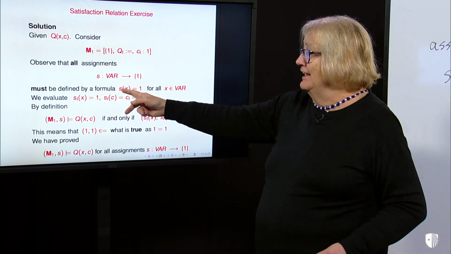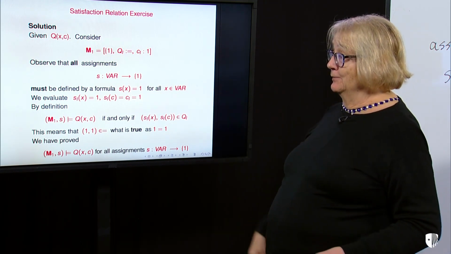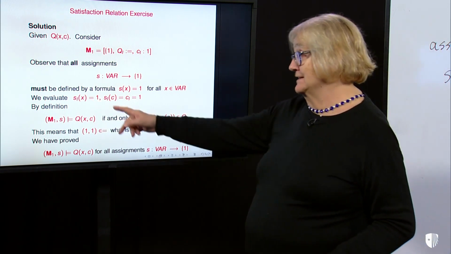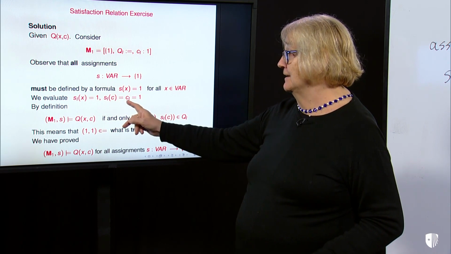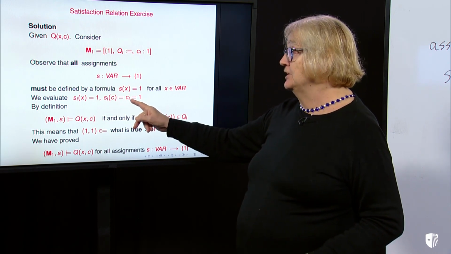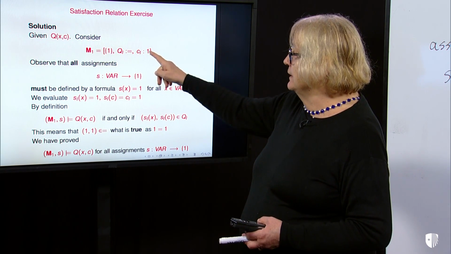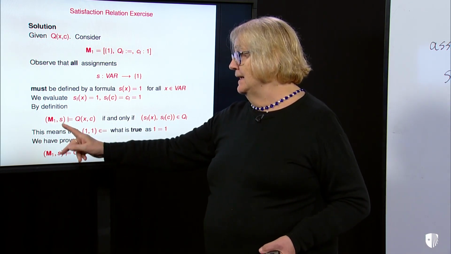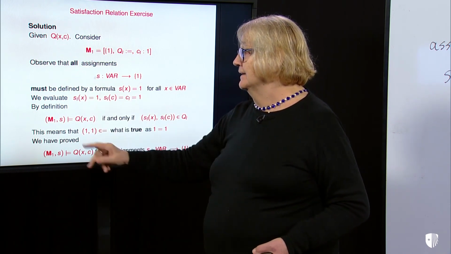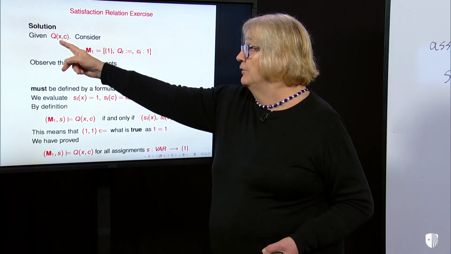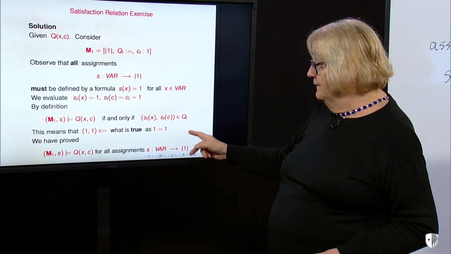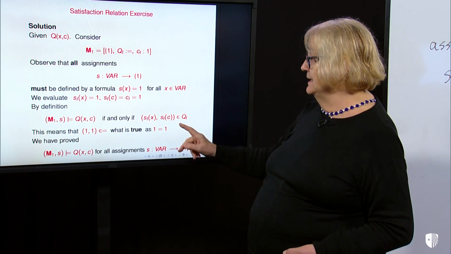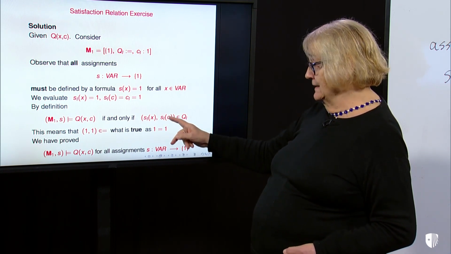So it must be defined as x equal 1 for all variables. So S of x is 1. S of c is, by definition, the interpretation of c, which we put as 1. And so by definition, M1 with this S satisfies that formula if and only if S of x and S of c is in Q. But what does that mean?